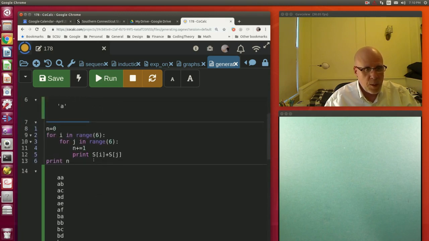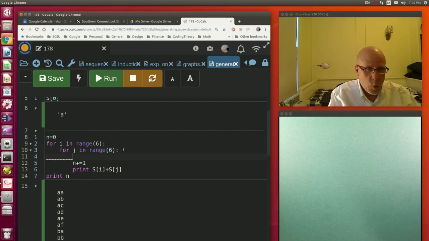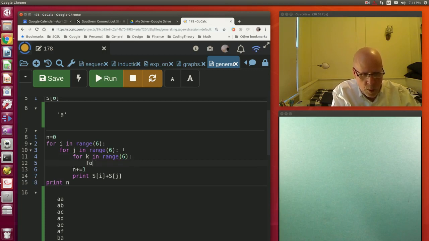If we wanted to do this for the problem as it was stated, it was length 4 letters, so we need a new letter for that ij. Have a k in range 6. And for l.